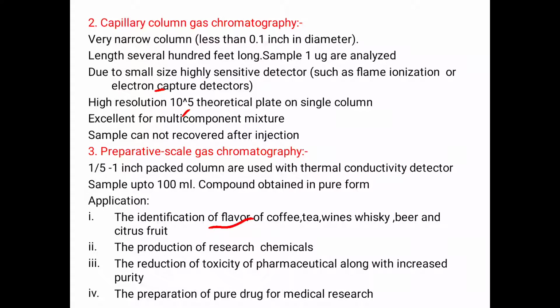Second is the production of research chemicals. Third is the reduction of toxicity of pharmaceuticals along with increased purity, that is, removing toxic compounds and increasing the purity of pharmaceutical compounds.